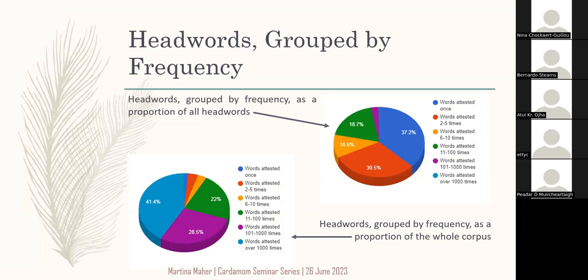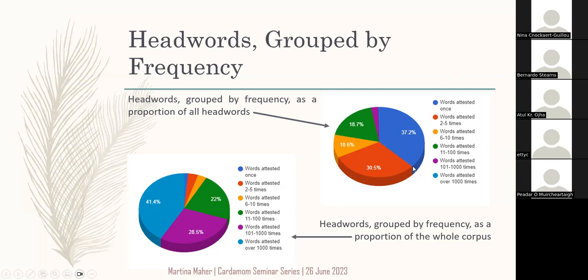One of the final statistics I'm going to give you in this is in terms of head word frequency. So with a corpus this large, you're going to get some words which are repeated again and again and again, and some words which only occur a few times. So if we group the head words by frequency as a proportion of all the head words, words which are attested once form the largest number of the entire head words.